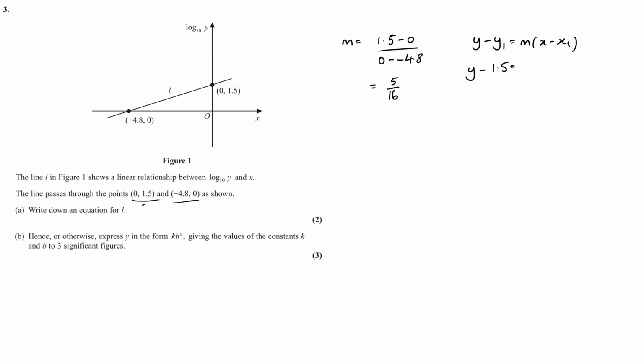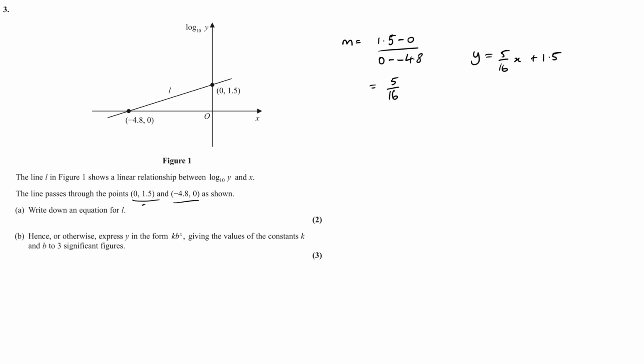equals, I don't even really need to do it this way, did I? 5 over 16 brackets x minus 0. y equals 5 16ths x plus 1.5. I just realized that 1.5 is the plus c, so I didn't even need to do this. So I'll just rub that out because that was a bit of a waste of time there.